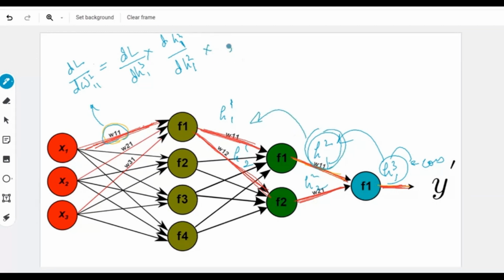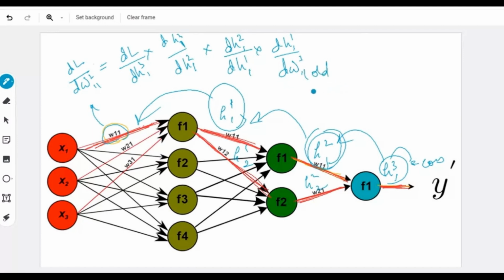So you have differentiation of H21 with respect to H11, and finally you have the differentiation of this output with the weights here, that is differentiation of H11 with respect to differentiation of weight. So this weight is 1 1 first layer, and this is the old weight, right?